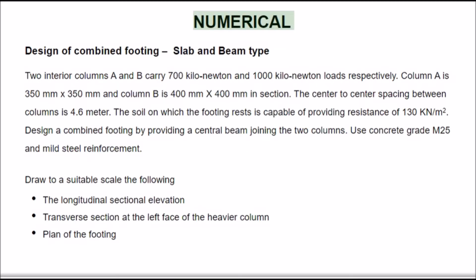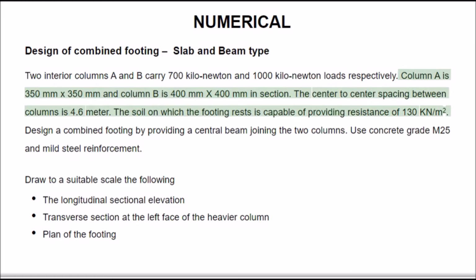Numerical. Design of combined footing, slab and beam type. Two interior columns A and B carry 700 kN and 1000 kN loads respectively. Column A is 350 mm x 350 mm and column B is 400 mm x 400 mm in section.